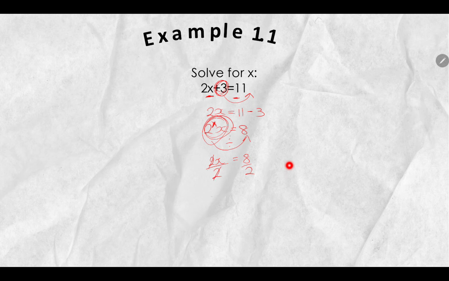The 2's get cancelled out, leaving x by itself. And 8 divided by 2 is what? 4. So your answer is 4. And remember, your teacher might want you to write the concluding statement, which is therefore x equals 4.